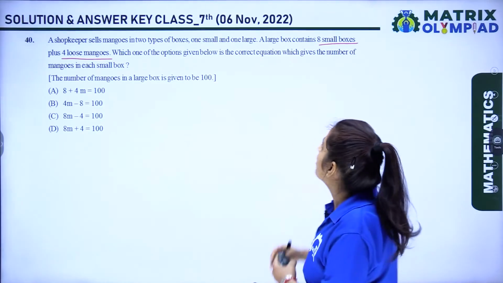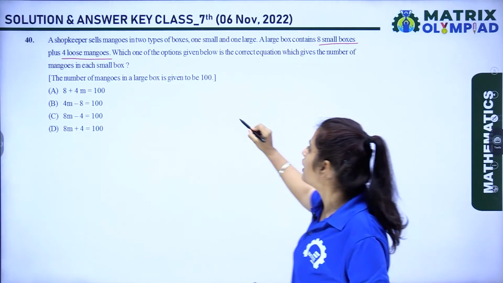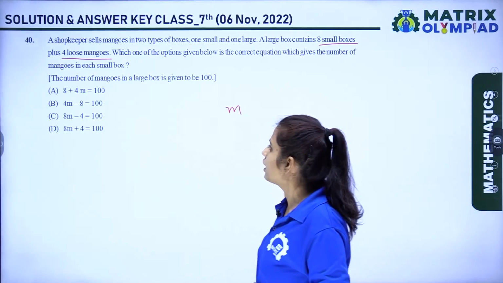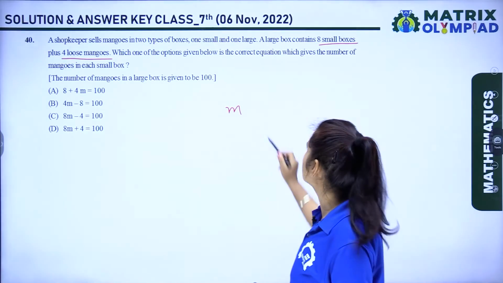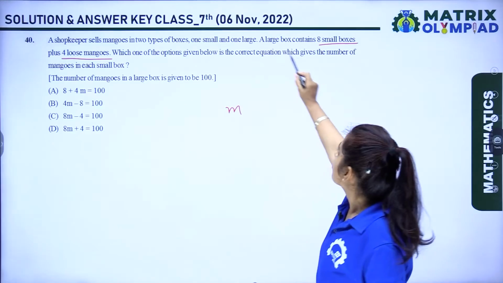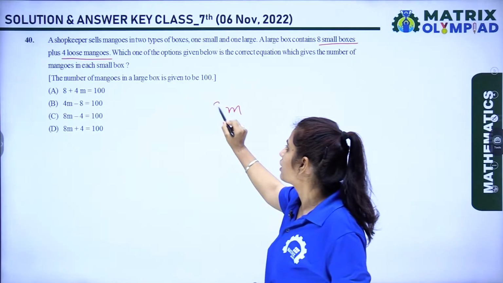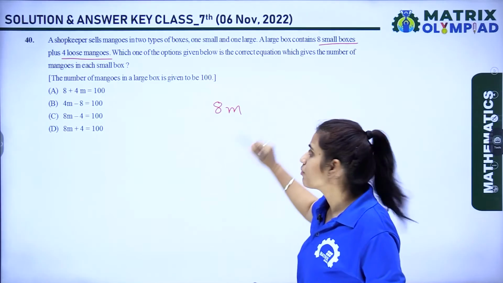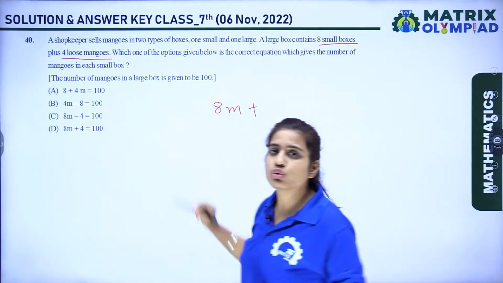So here a large box contains 8 small boxes. Let the small box be m. As in the option variable m is used, so we are taking a small box as m. So a large box contains 8 small boxes, means 8m. Now 4 loose mangoes.